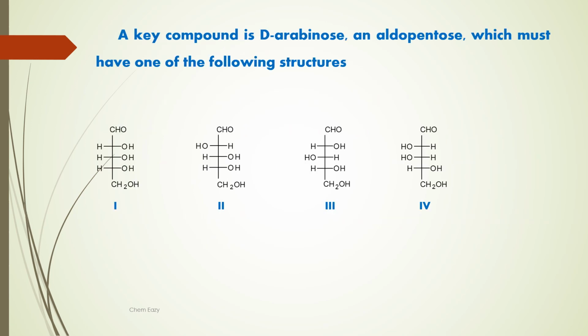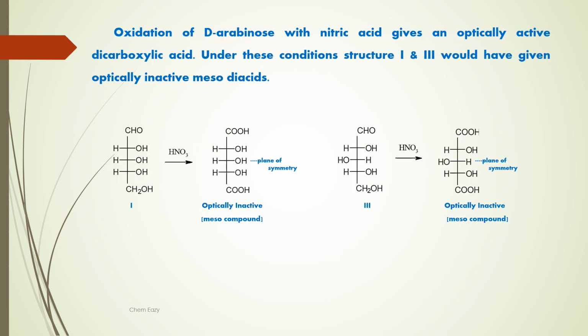First, let us confirm the structure of D-arabinose to explain the configuration of D-glucose. When D-arabinose is oxidized with nitric acid, it gives an optically active dicarboxylic acid.